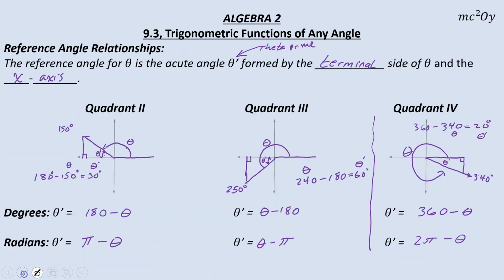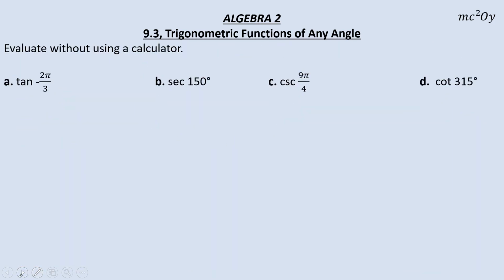So what you have to do is, tangent is the same thing as, we talked about it, sine over cosine. Secant is the same thing as 1 over cosine. Right, it's the reciprocal of cosine.